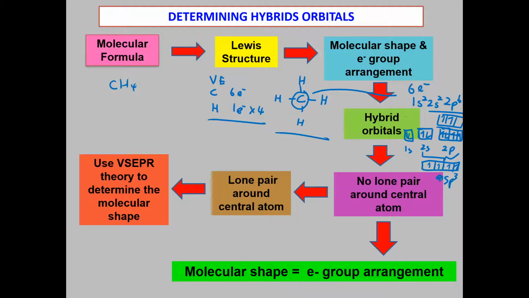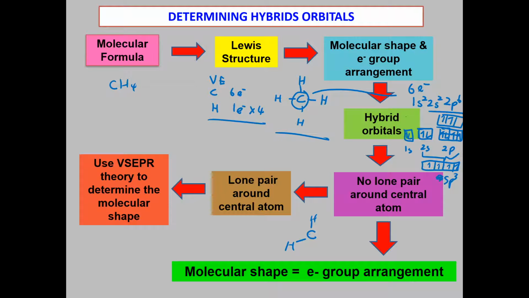And then all of this are actually the same thing yang you guys buat dalam molecular shape. Because at the end, you guys akan buat dia punya molecular shape jugalah, which is you akan dapat tetrahedral. Dia benda yang sama je, macam molecular shape. It just that hybrid orbital.